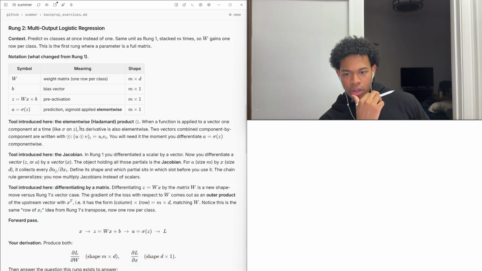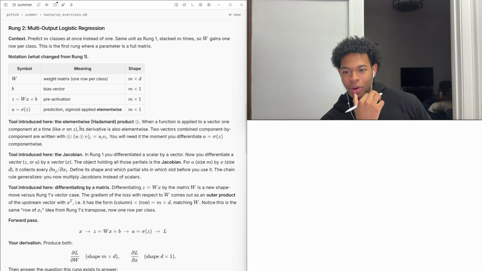Define its shape, in which partial sits in which slot before you use it. The chain rule generalizes. You now multiply Jacobians instead of scalars. That's something.